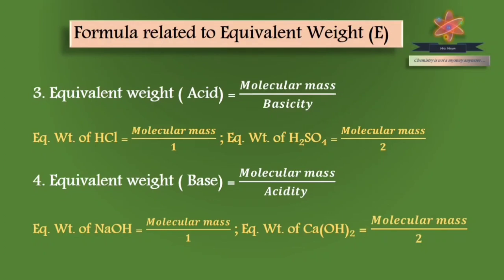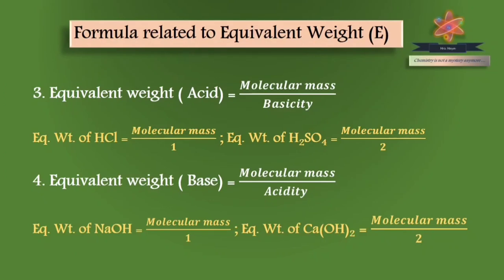For example, equivalent weight of hydrochloric acid HCl is equal to molecular mass of HCl divided by 1, because hydrochloric acid has only one replaceable hydrogen. Another example, equivalent weight of H2SO4 is equal to molecular mass divided by 2. Here H2SO4 has 2 replaceable hydrogens.